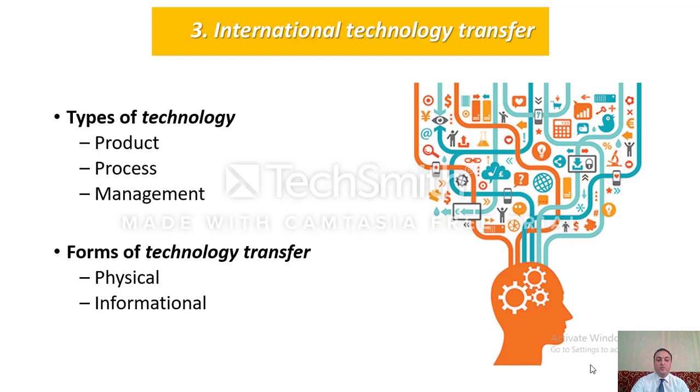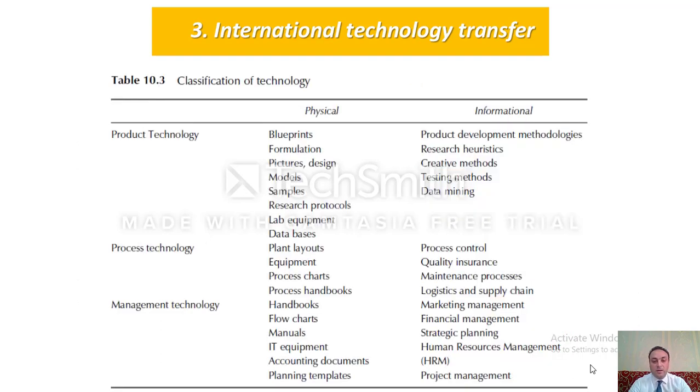So we have many types of technology and technology transfer forms. As we can see, it is summarized in this schedule, the classification of technology. We have product technology, process technology, and management technology. When you talk about product technology, there are physical forms of technology transfer, like the blueprints or designs of the product, the formulation, the pictures, the models, samples, research protocols, lab equipment, databases, and so on.